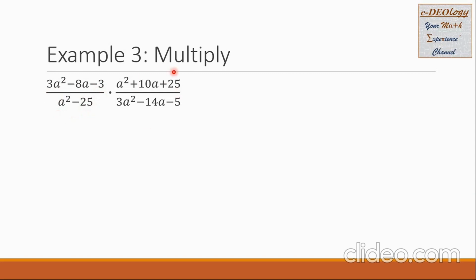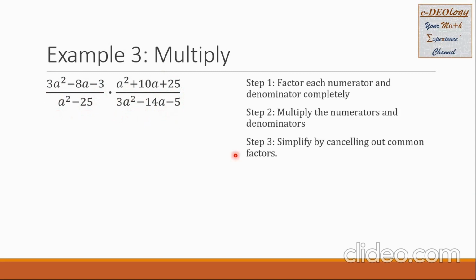The second rational expression, in the numerator, it is a squared plus 10a plus 25 all over 3a squared minus 14a minus 5. So I wrote the steps on this side, and I will now go to step 1 to factor each numerator and denominator completely.